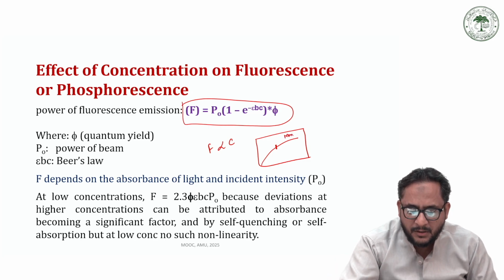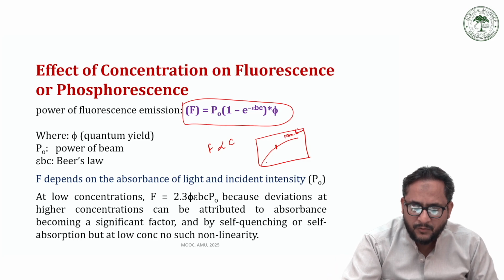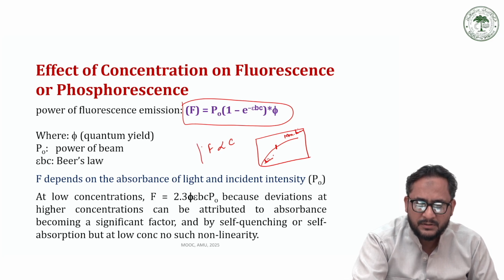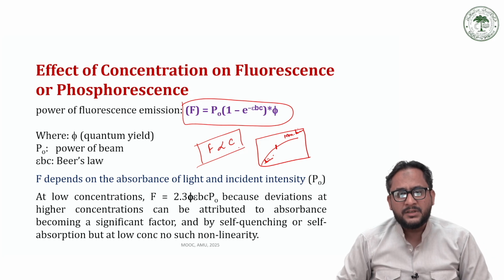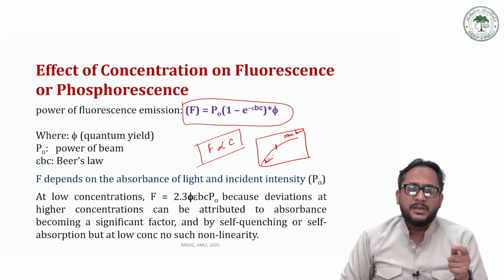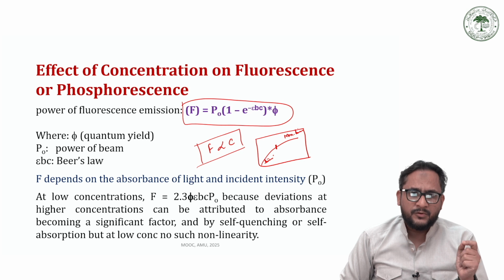It becomes non-linear, while at low concentration it is linear, meaning fluorescence intensity is directly proportional to concentration.